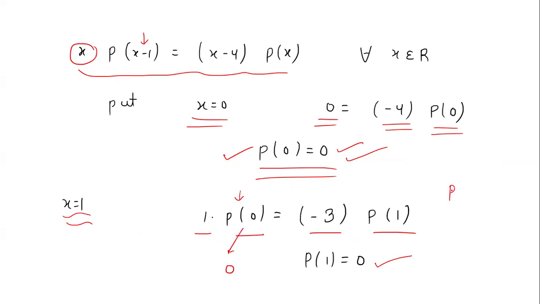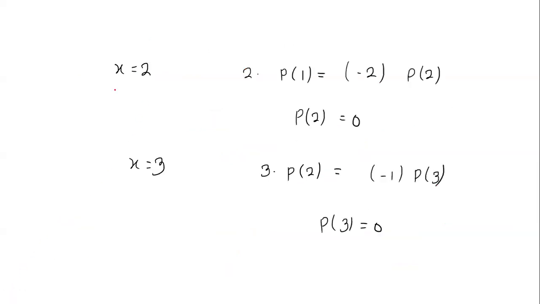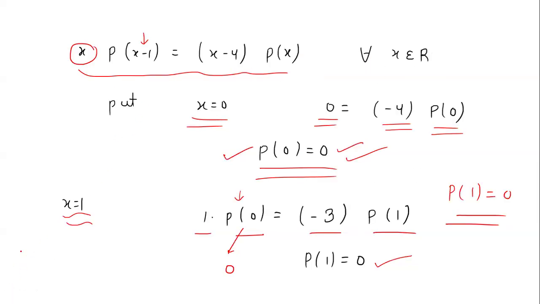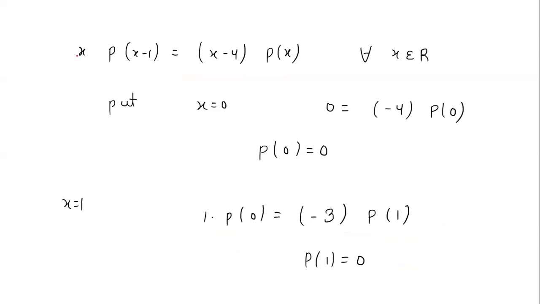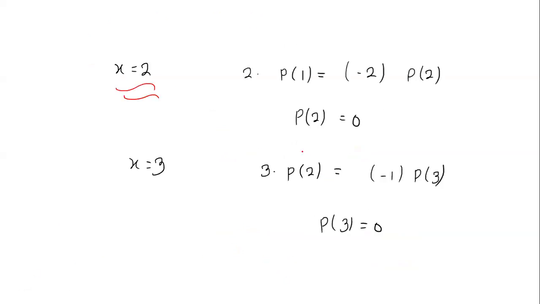So the only way the left hand side and right hand side will be equal is when p of 1 is also 0. Now if you put x is equal to 2, then we get 2 times p of 1 equals minus 2 times p of 2. I know p of 1 is 0, so p of 2 will also come 0.